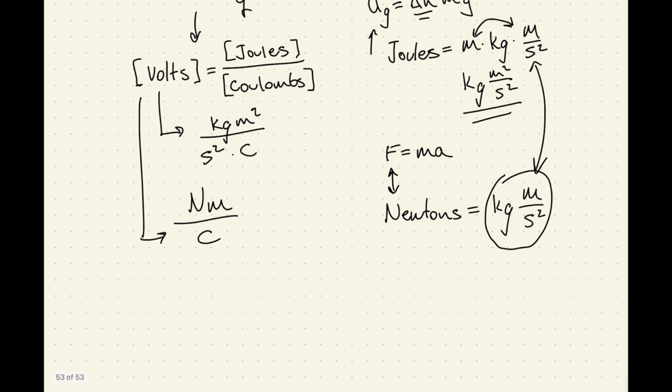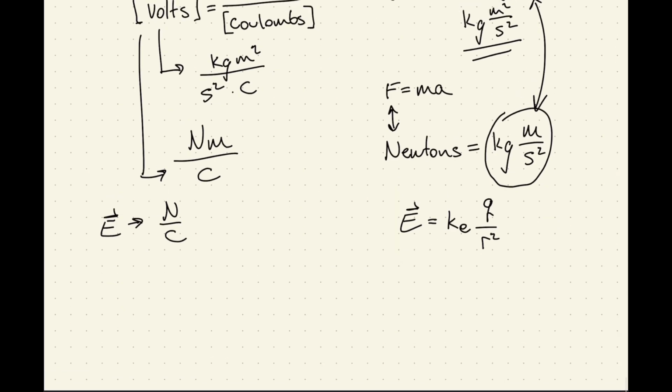And let me see if there's one other way of writing this. Actually, what I wanted to show you was the electric field units normally are newtons per coulomb. This is from E equals k_e q over r squared, right?